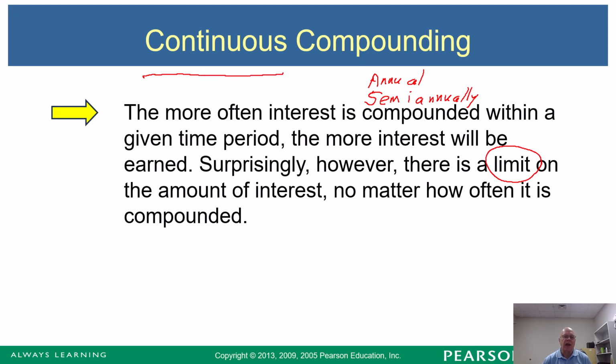So if you go from annual to semi-annual to monthly to daily to hourly to every second and so on, this is the limit. Continuous compounding.